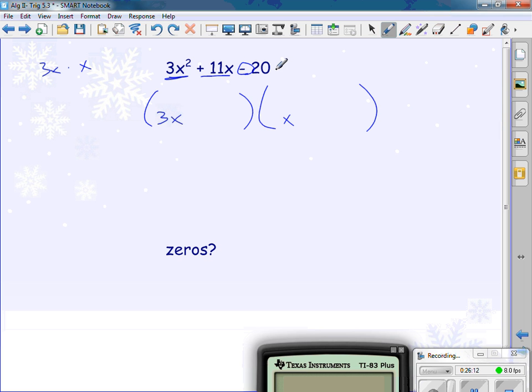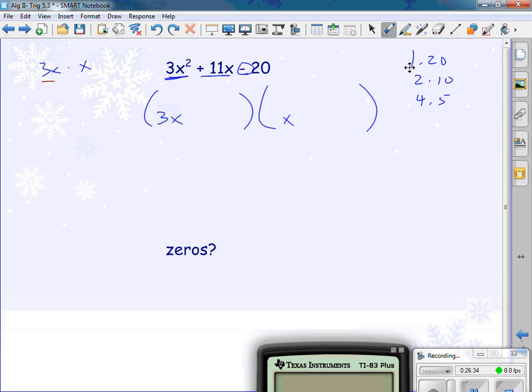How can I get a 20? 1 and 20, 2 and 10, 4 and 5. So I need some sort of combination where I'm going to subtract and get a positive 11, and I've got to use these numbers over here.